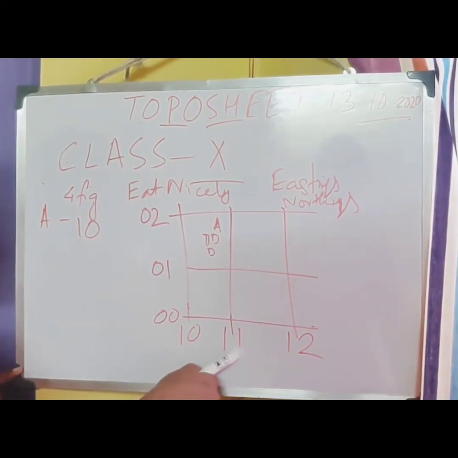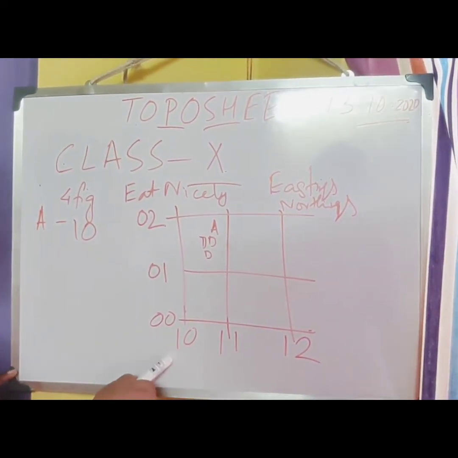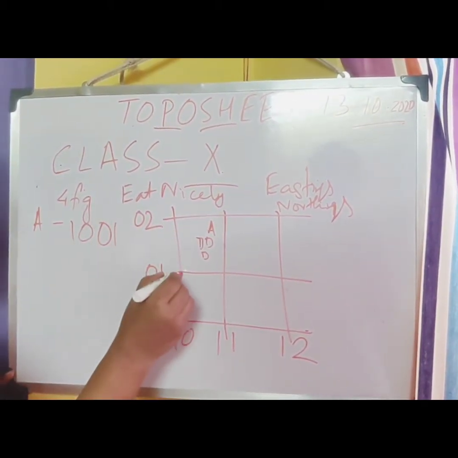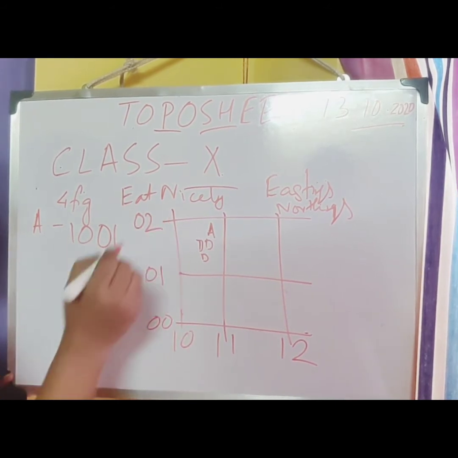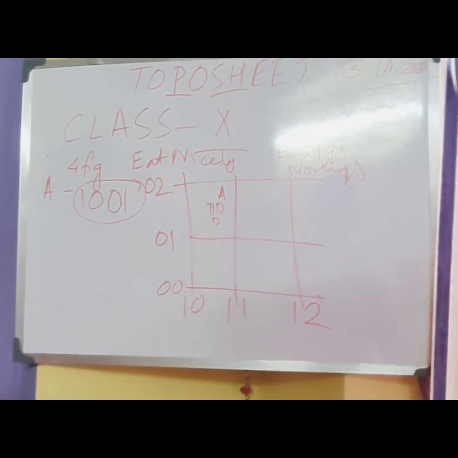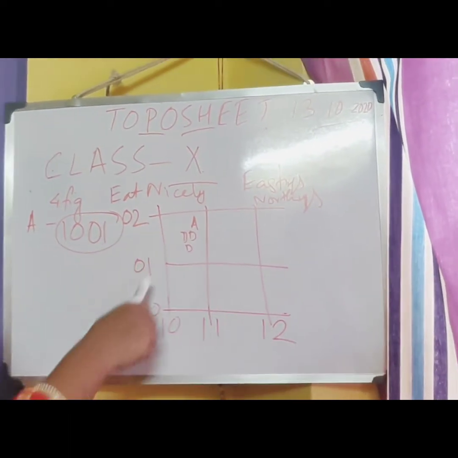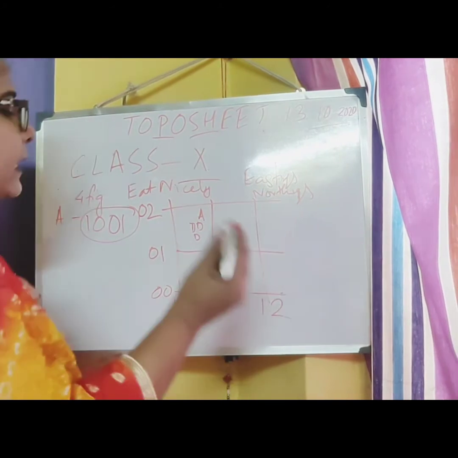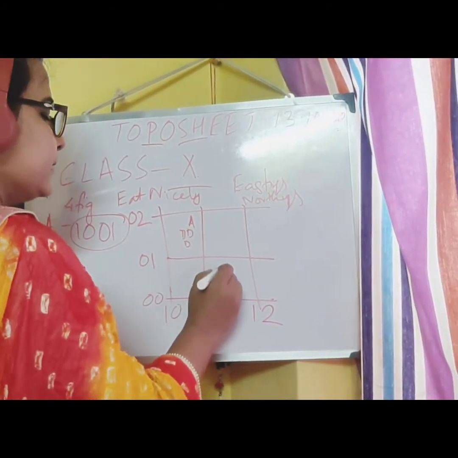It has not touched 11, so I'll take 10. And what is my northing value? It is 01, this value. Okay, because it has not touched 02. So what is the 4-figure grid reference? 4-figure grid reference of A is 1001.